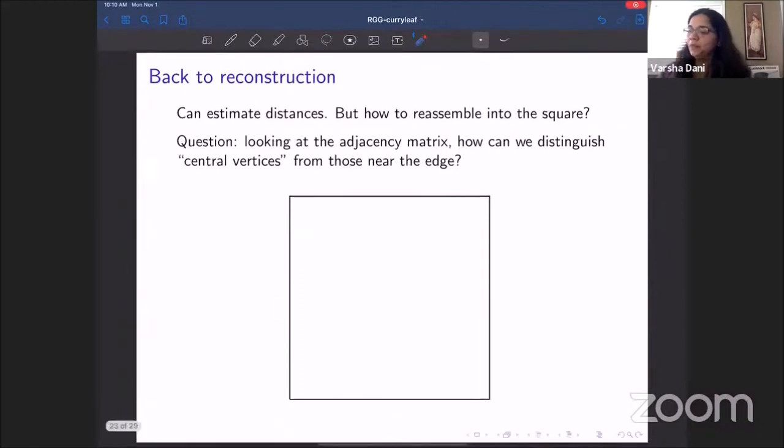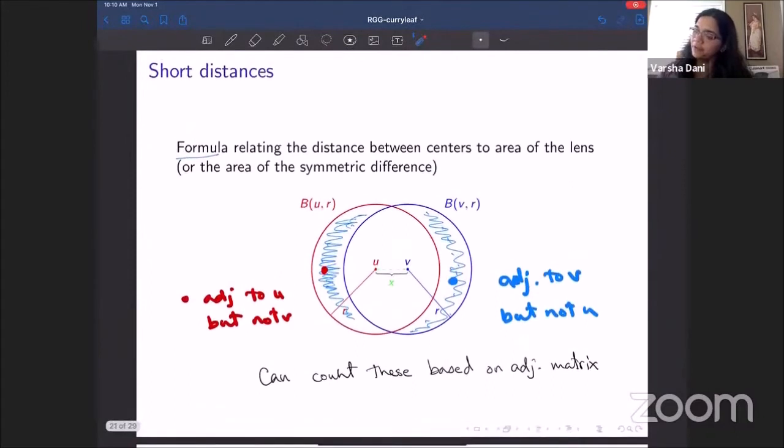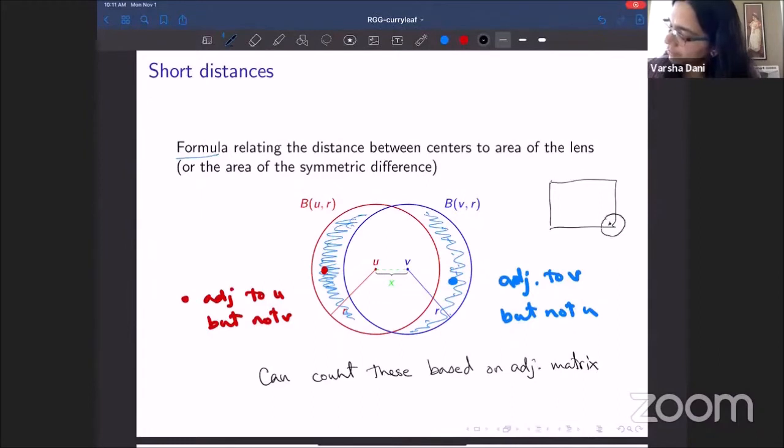One tricky part is that this involves looking at how many neighbors are in this ball and how many neighbors are in this ball. Those estimates don't really work well if you're close to the edge and your ball around your point goes out of the square like that, because it gets skewed by the fact that there are no neighbors over here.